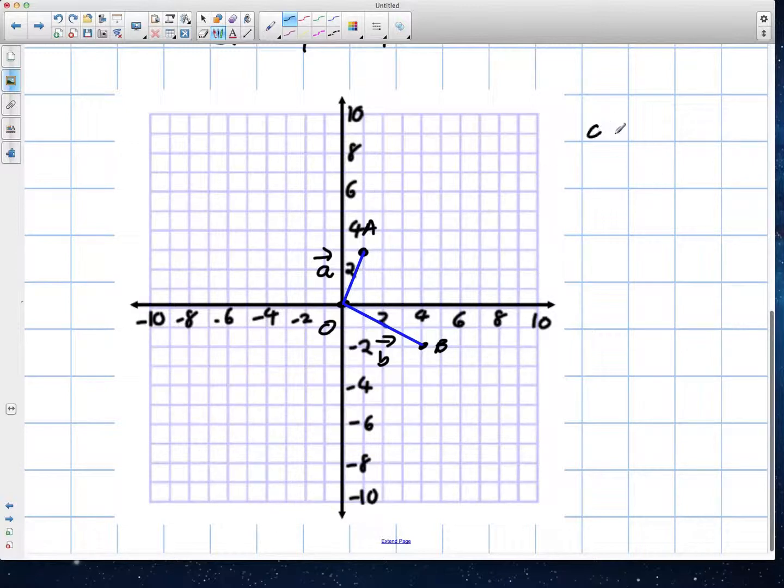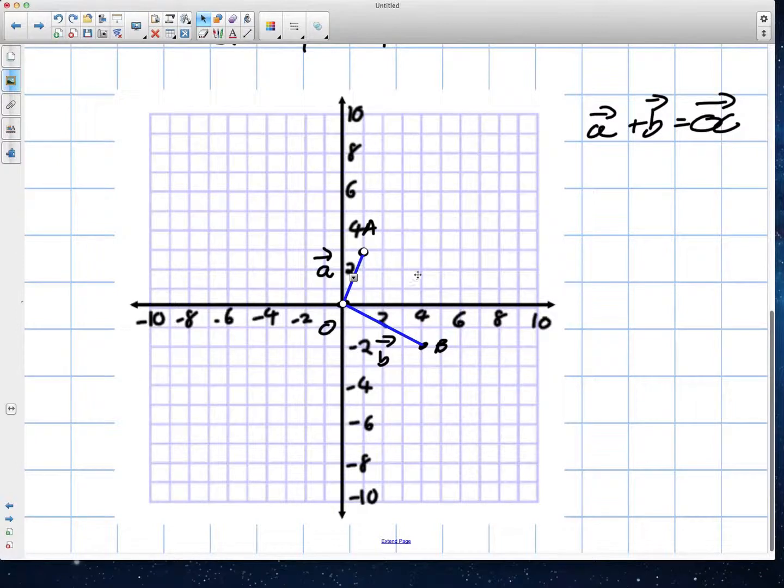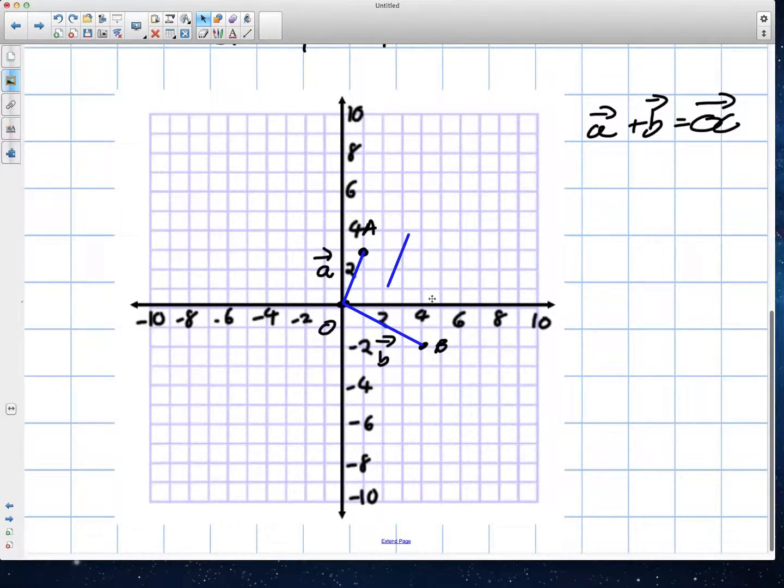They wanted us to add vector A plus B to create vector OC. So what that means is essentially we're going to move this other one over. Move this guy down. And it's going to make our new vector OC, this one.